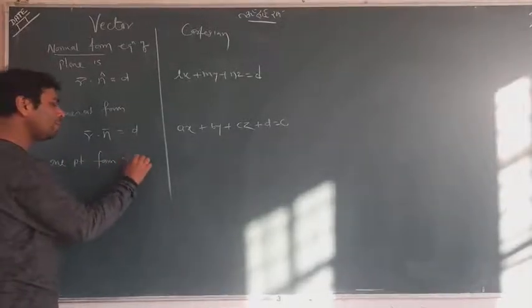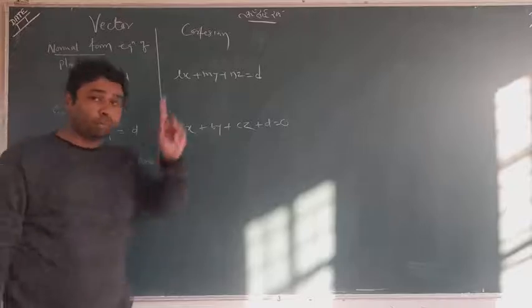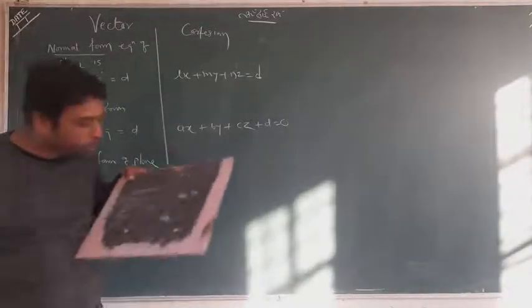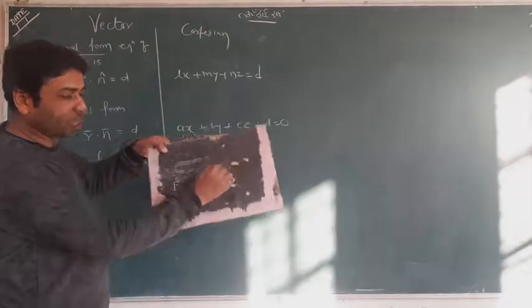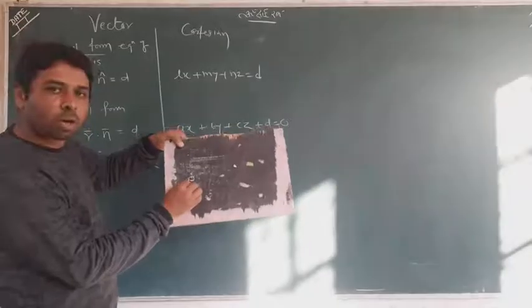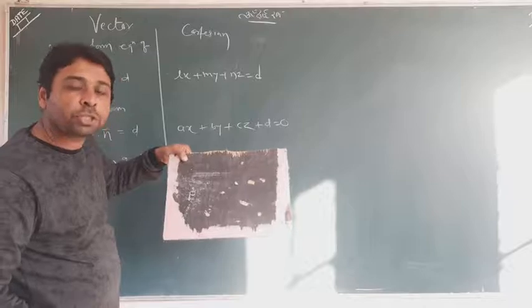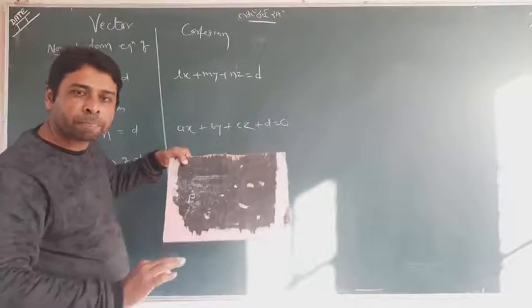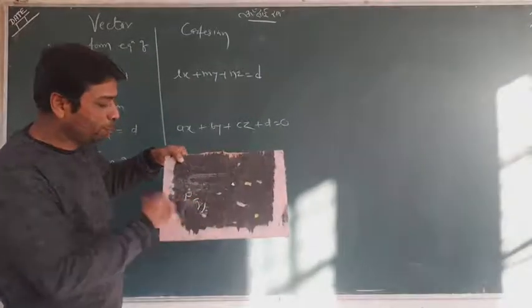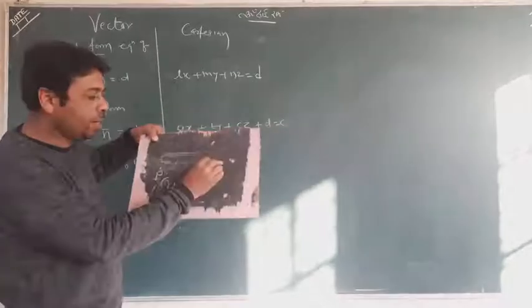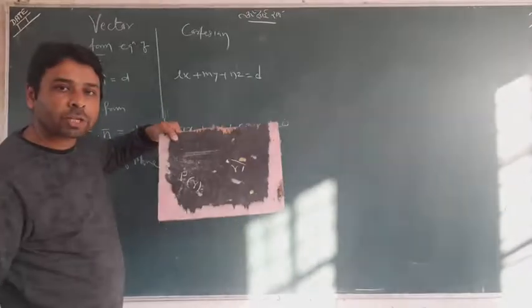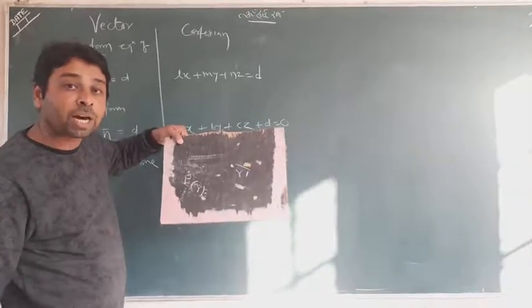the one point form of plane. It means when the plane passes through one point. Suppose this is a plane and it passes through one given point. This p is always a natural, variable, genuine point on the plane. The position vector of p is always called r, and the position vector of the point through which the plane passes is r1.